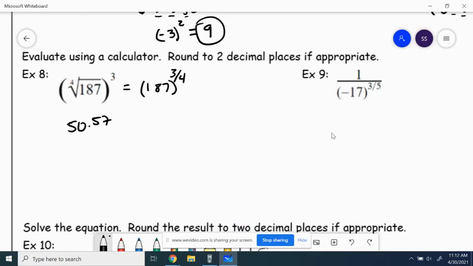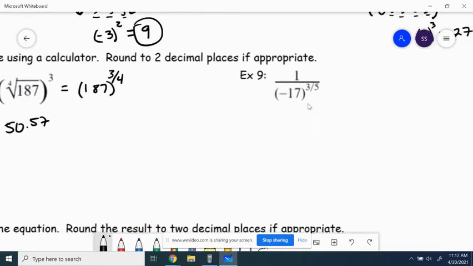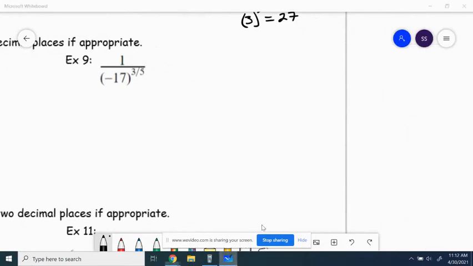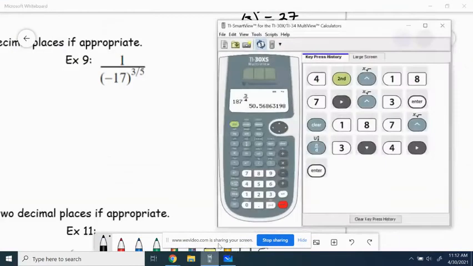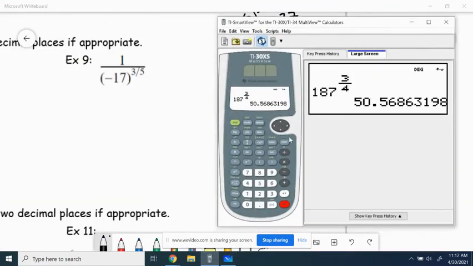All right, number 9, we can just type this right into our calculator. Let me get the large screen going. There we go. So I want to type this whole thing in. Let's start out with a fraction. We'll do 1, go into the denominator. We have a -17, so I'm going to make sure to put the parentheses so the calculator will recognize the negative.